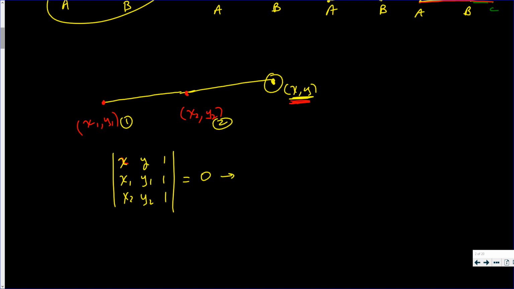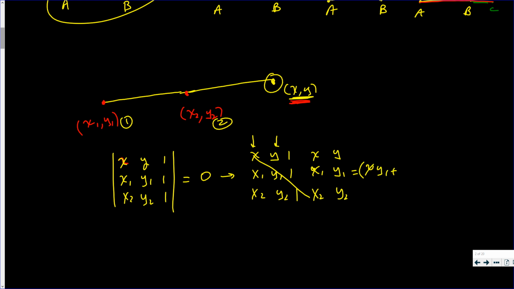Now, what is this determinant? It's x, y, 1, x1, y1, 1, x2, y2, 1, and then we repeat the first 2 columns. That's the first column repeated. This is the second column repeated. And the determinant will be that product, which is x times y1 plus y times x2 plus x1, y2.